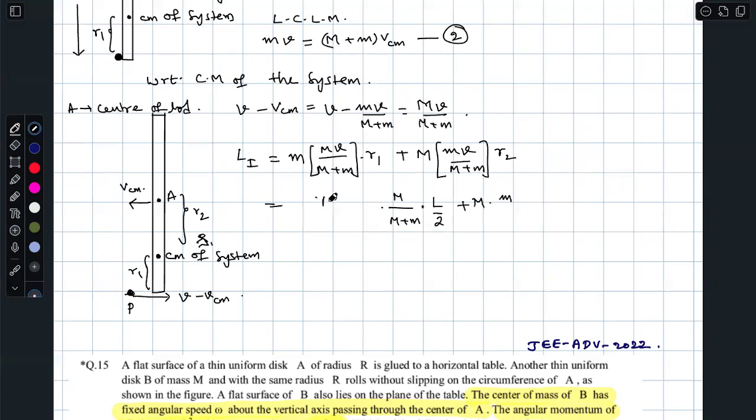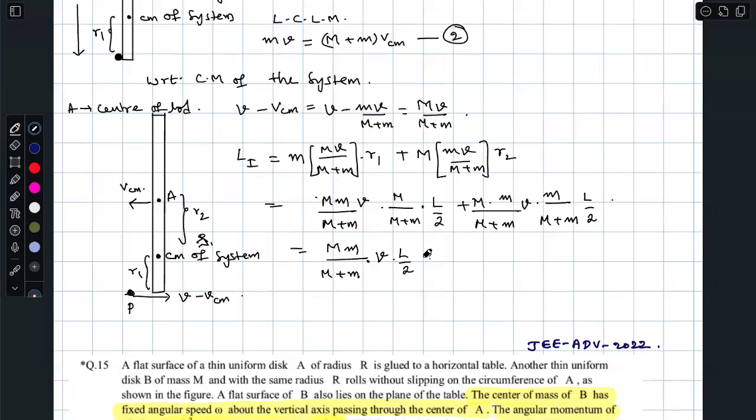The entire thing is capital M small m by capital M plus small m V. Similarly, capital M small m by capital M plus small m V times R2, meaning small m by capital M plus small m times L by 2. Trust me, finally you will get this as capital M small m by capital M plus small m V L by 2. Any doubts? What is all this?